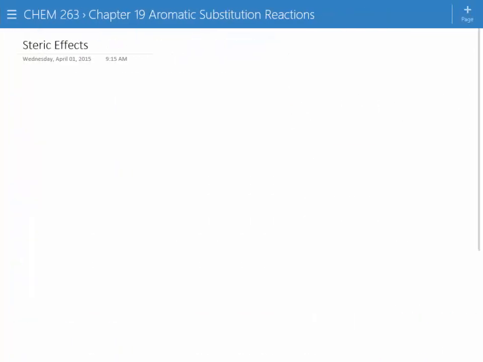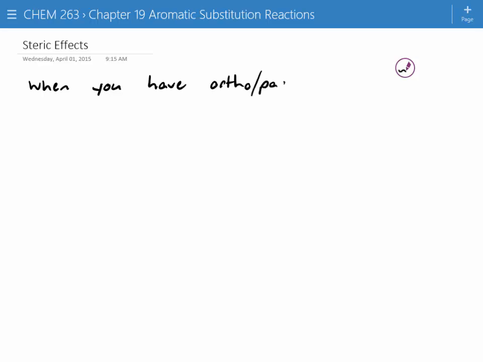So let's switch to steric effects really quick. And this is a pretty simple concept. When you have ortho-para directors, there is a judgment call. But it's an easy judgment call.